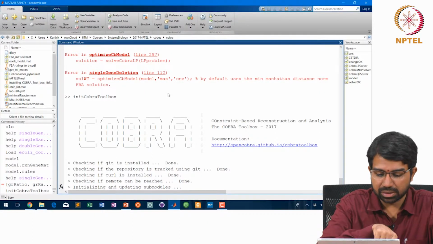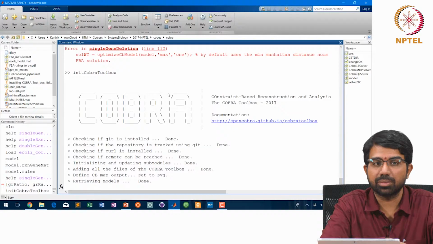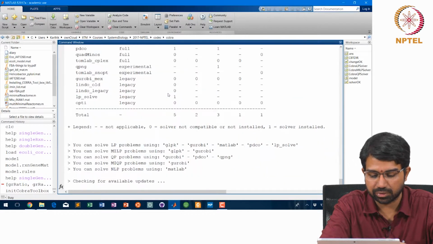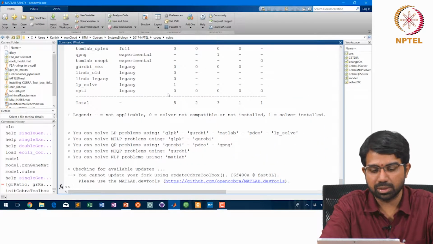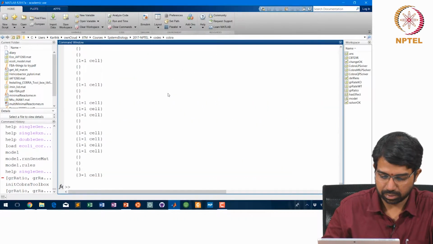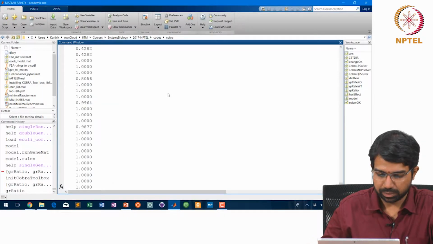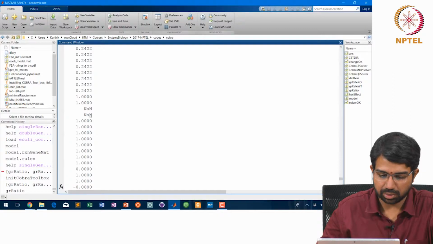For example, the growth rate gives you the growth rate as well, and the general assumption is something is lethal if it is less than 5% of the wild type growth rate. So, if you look at, right, so it says it is 99.64% of wild type or 0.8 of wild type, 0.42, and yeah, for some there is 0.